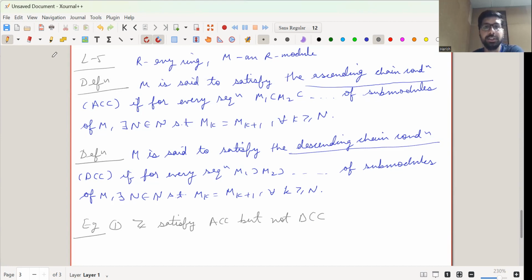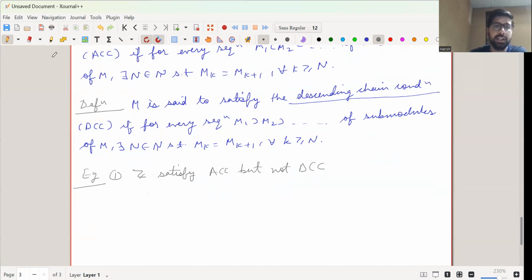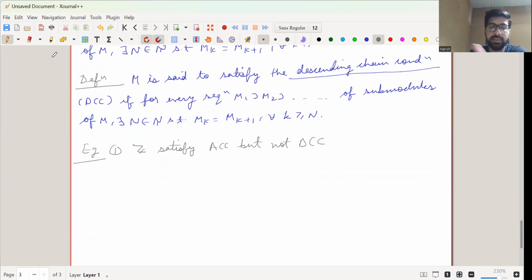Okay, so M1 would be contained in M2 if M1 is of the form nZ, and M2 is of the form mZ, and m divides n. And there are finitely many factors for n, so it at max can include only finitely many terms in the sequence. Okay, so that's why you cannot get an infinite sequence. So it satisfies ACC but not DCC.